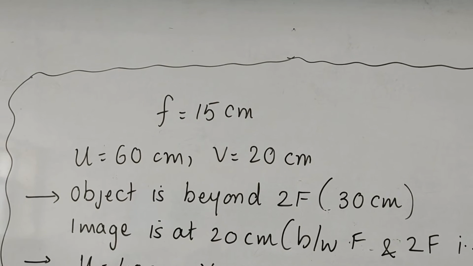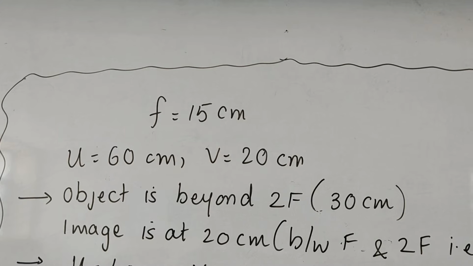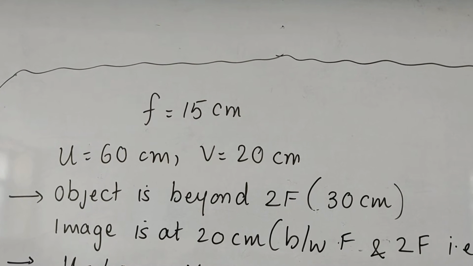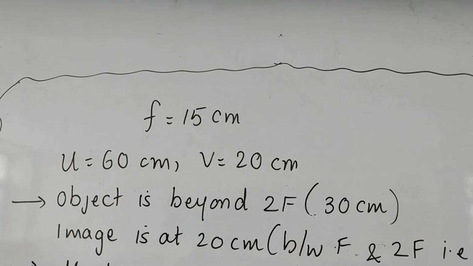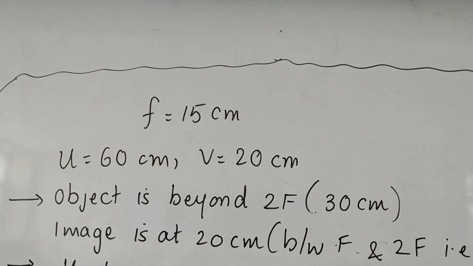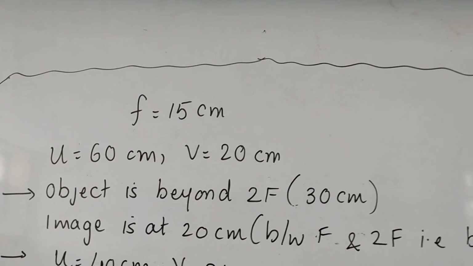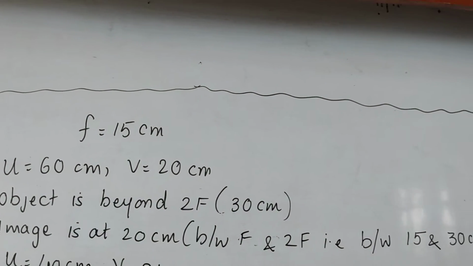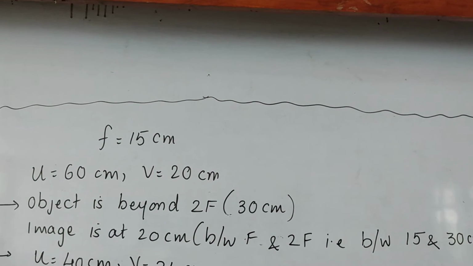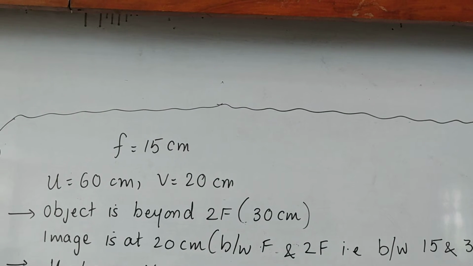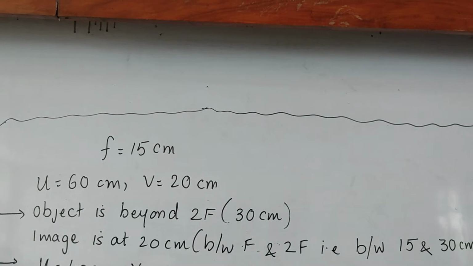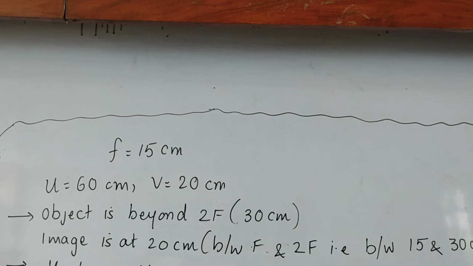It means object is beyond 2F. And from our knowledge, if your concepts are clear, you know that when object is placed beyond 2F, image is formed between F and 2F. Between F and 2F means between 15 and 30 centimeters, and as image is at 20 centimeters, which is between 15 and 30, so the first observation can be correct.